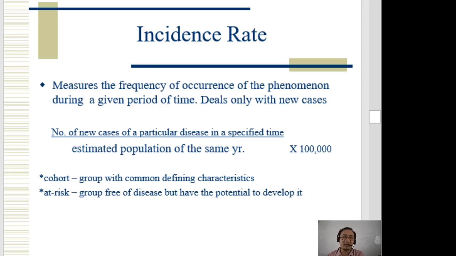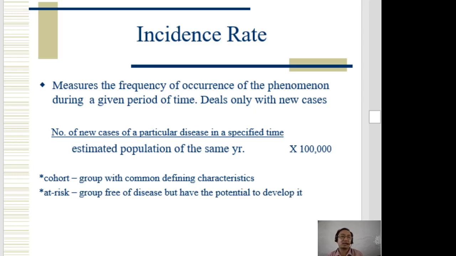All senior citizens, 60 years old and above, will give the same incidence. All toddlers will give the same characteristics of an incident. So that is a cohort, and it should also be considered in incidence rate computations, or you may consider it as a factor for why this is happening.